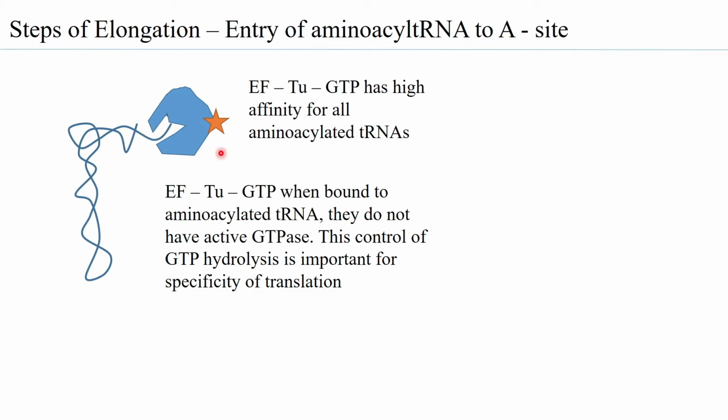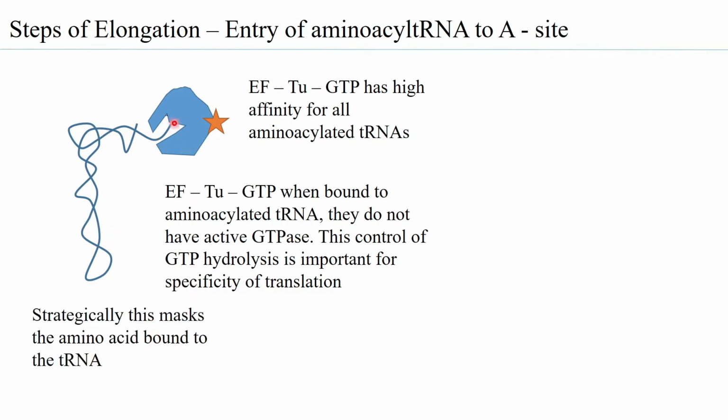So in this interaction with the charged tRNA, the GTPase activity of the EFTU is not activated, and this in turn has an important role to play in ensuring specificity of translation, which we will look at in a few minutes.